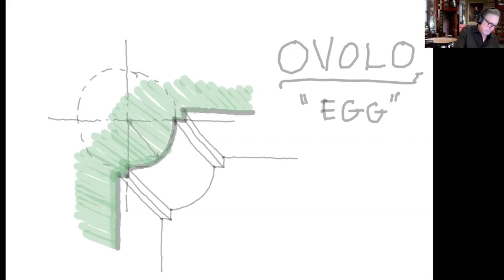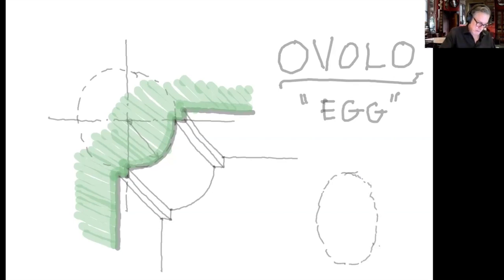Now I said the ovolo is most often seen as having a circular geometry. Most often, but not always. We also might see an ovolo with elliptical geometry, for example. Let me do that in black. So instead of being a circle, it might be an ellipse.